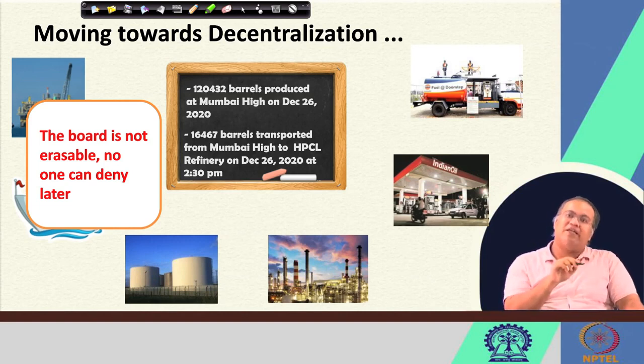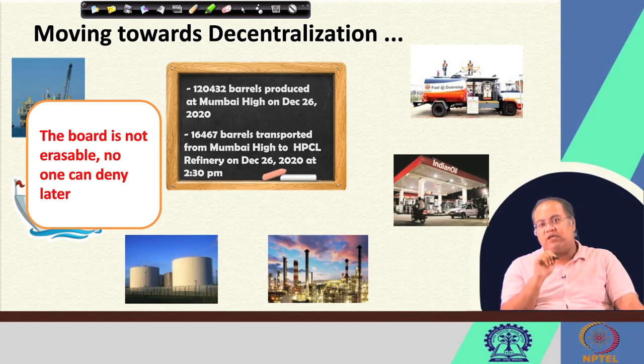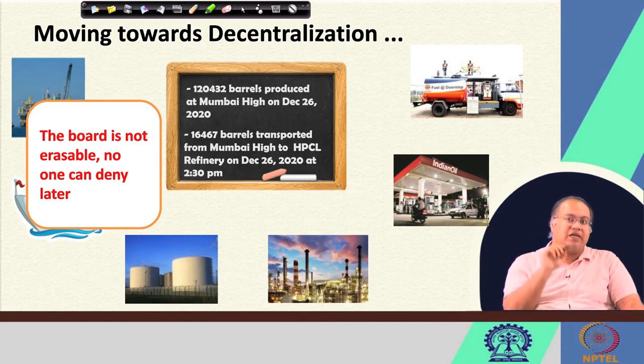But when every organization submits their information to that web portal, it might happen that later on one organization may claim that, hey, I have not submitted that information, someone has impersonated me and submitted that information to this portal. Or this portal is in the hand of certain centralized persons, who have done some fraudulent activities and changed my information. Those kinds of things are not possible with this board.